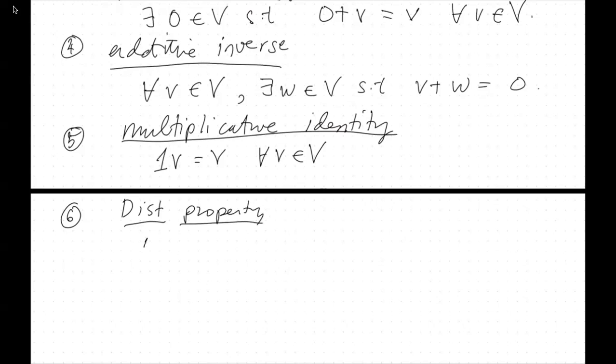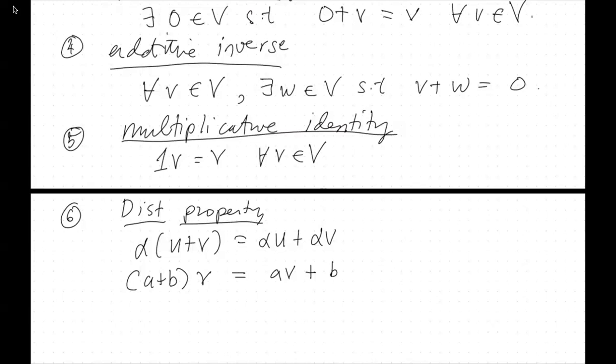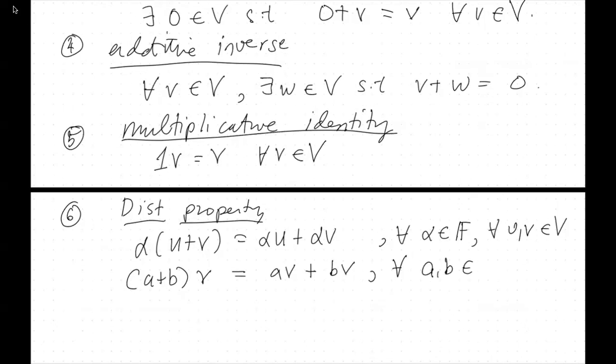So we have alpha times (u plus v) is equal to alpha u plus alpha v, and then (a plus b) times v is also a times v plus b times v. Here, for all alpha in F, and for all u and v in the vector space V, and for all a and b in our F, and for all v in the vector space V.